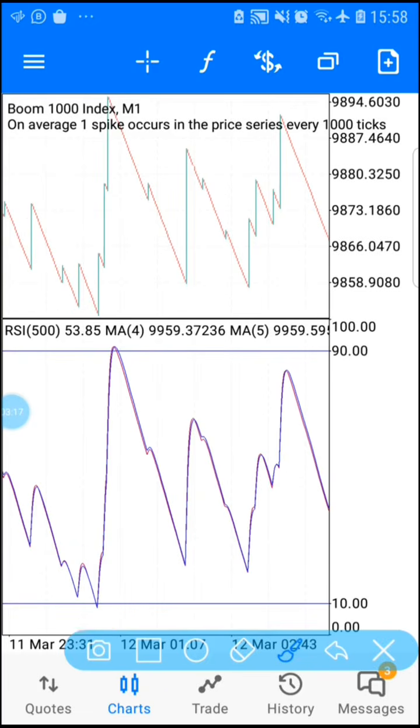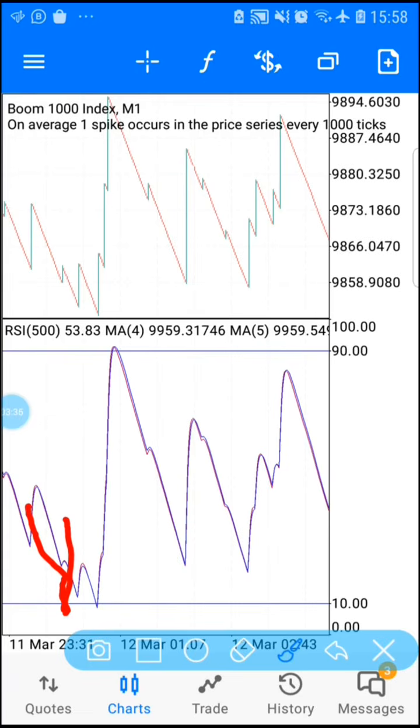Right? Then you enter. So let me repeat that again. What we're doing is we want this moving average to come and touch this 10 level. When it touches that 10 level, you do not enter immediately. You wait for a spike. Once it spikes, what do you do?